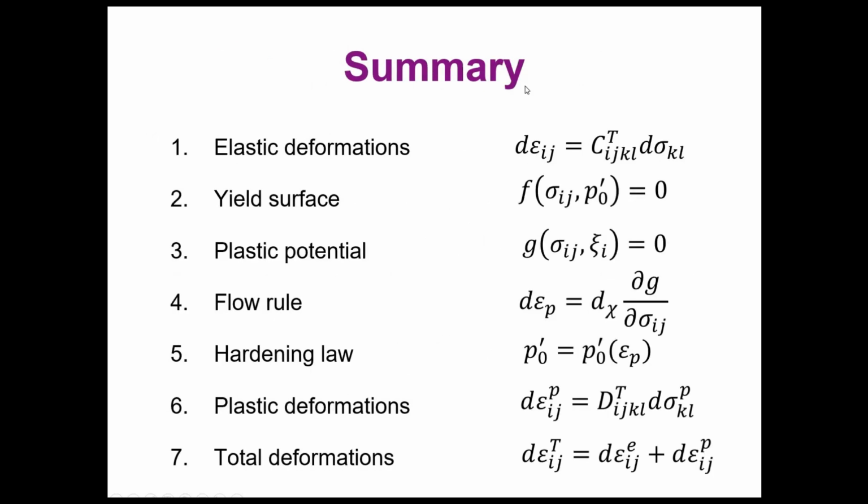So in summary, what are the ingredients you need to establish and you need to understand when you are using a plastic model are the elastic deformation that are exactly the same as in the elastic linear problem as before. That could be isotropic or could be orthotropic or anisotropic for more complexity.